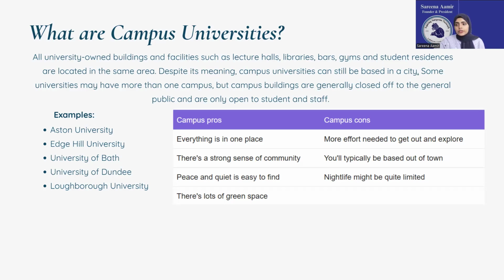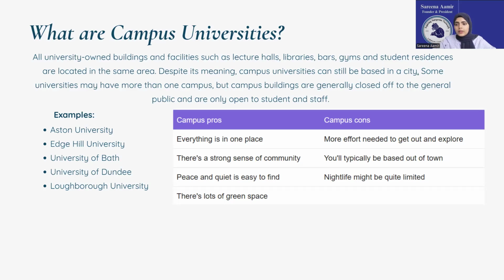And also, for some cons, you need more effort to get out and explore the city or the countryside around your university, because you won't really find new places as you commute to different classes daily. So you might have to make more effort to explore, go out, and look at the town or city that you're close to.